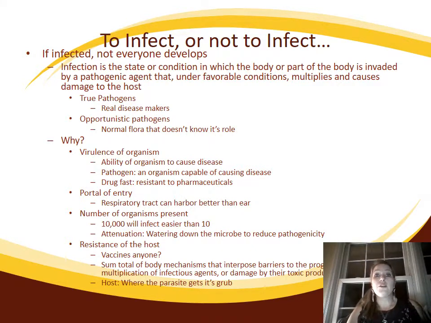The portal of entry makes a big difference as to whether or not an individual becomes infected. So if I'm standing close to you and I'm talking to you and you cough, I'm more likely to get that pathogen into my nose and into my mouth where something can infect me.